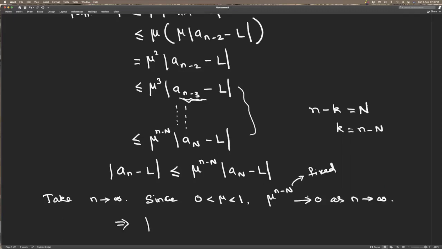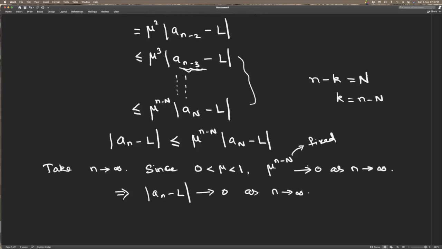Therefore, your a_n minus L will tend to 0 as n tends to infinity. That is precisely what we meant by saying that a_n tends to L as n tends to infinity. From here, you can also give an epsilon argument, but this is enough. You can directly conclude from here.